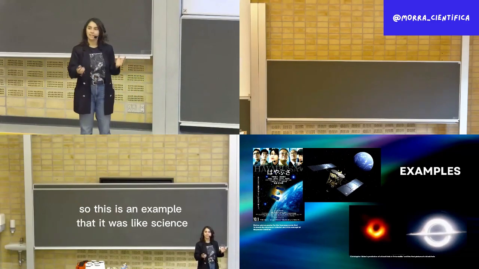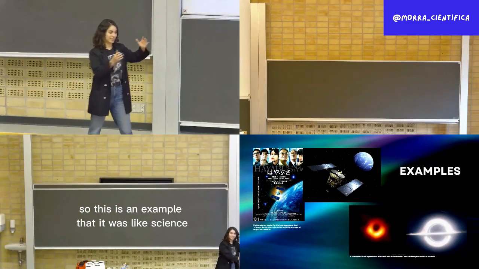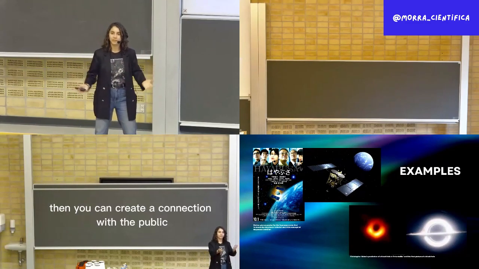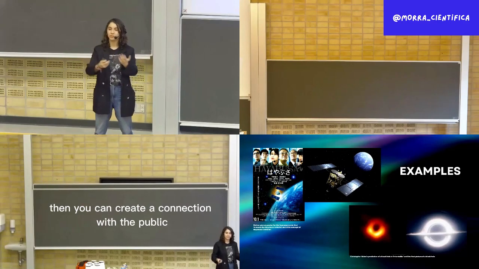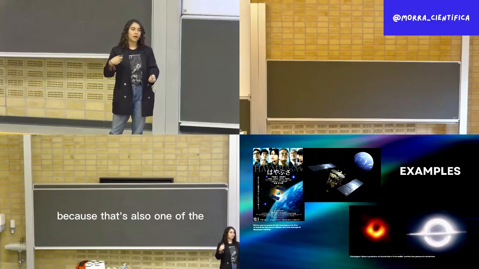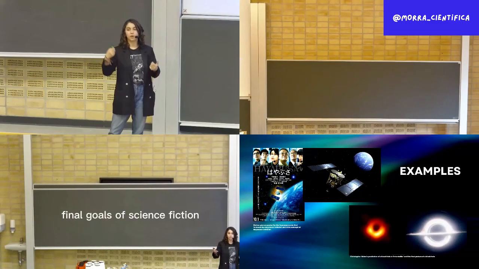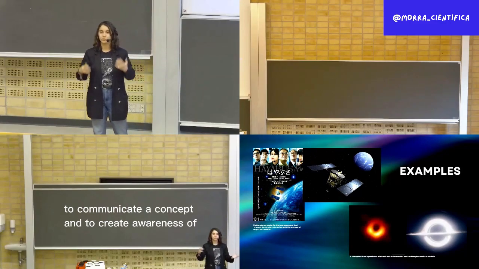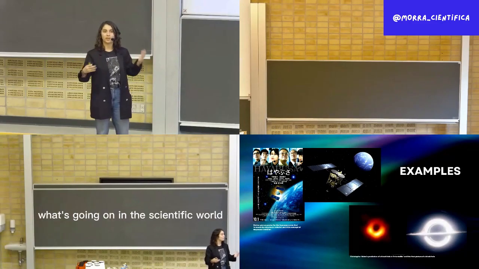So this is an example of science, in collaboration with science fiction, creating a connection with the public, so they can also be informed, because that's also one of the final goals of science fiction, to communicate a concept and to create awareness of what's going on in the scientific world.